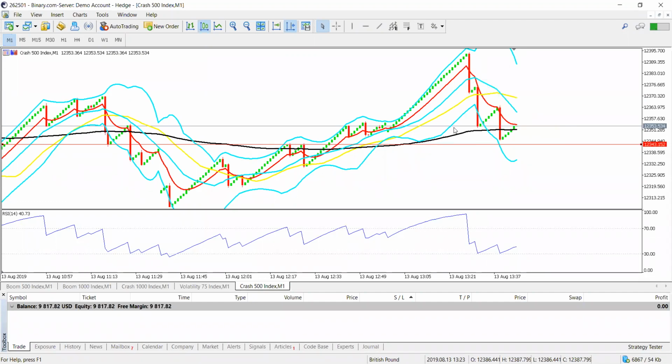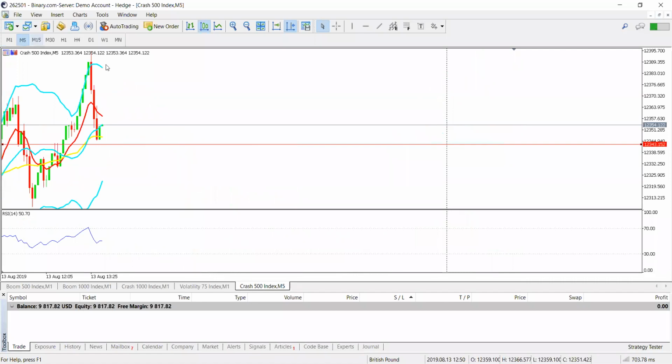But I will show you how to actually trade with holding the trades. You can actually make money holding the trades as well by using the moving average 35. Moving average 35 is better utilized on a 5 minutes or 15-minute time frame.